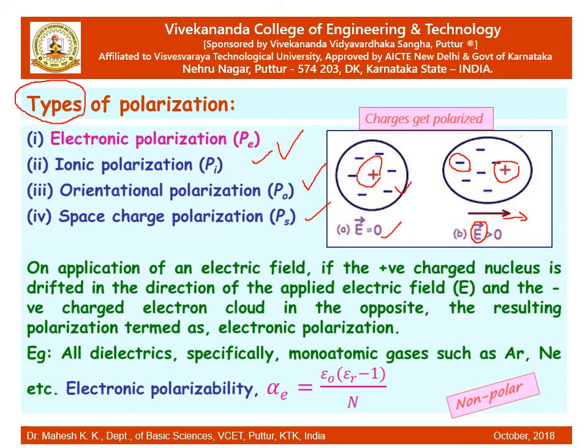This is what we call electronic polarization. All the dielectrics usually show electronic polarization, more specifically monoatomic gases like argon, neon, etc. Electronic polarizability is given by alpha E equals epsilon naught into epsilon r minus 1 divided by n.